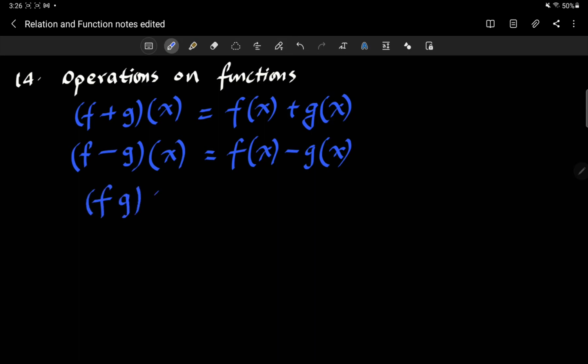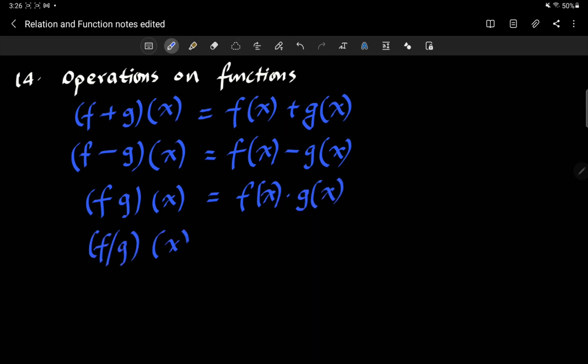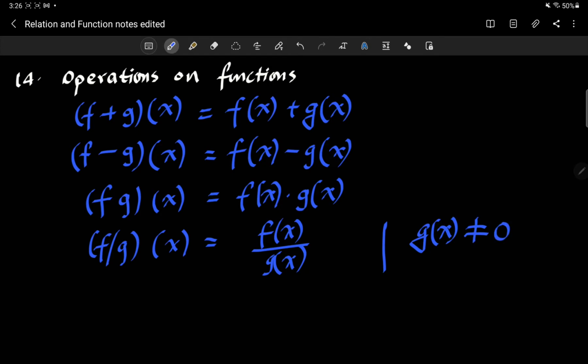The product of functions is the same as the product of function values. And the division of functions is the same as the division of function values. Now over here, you have to be careful to say that g(x) is not equal to 0.